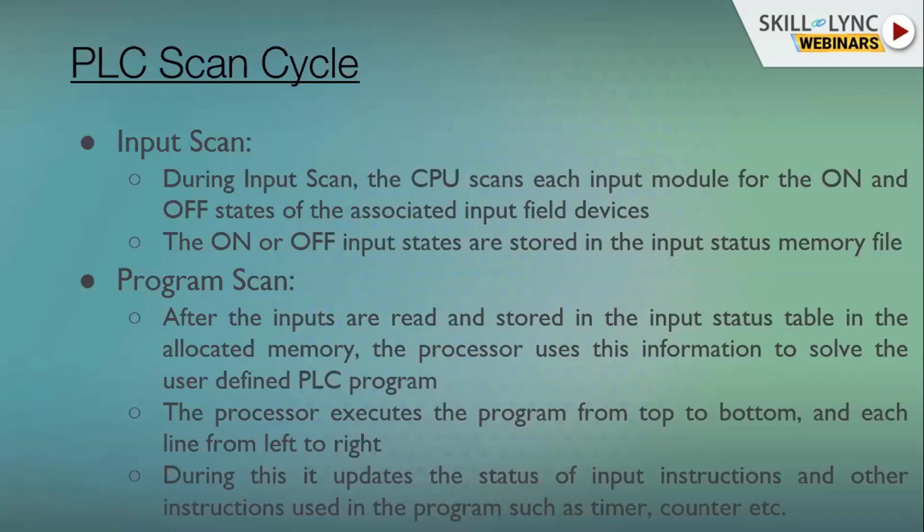Then program scan is where the processor will execute the program with the help of the received input signals, the input status. The PLC program is like a ladder which will have various lines.